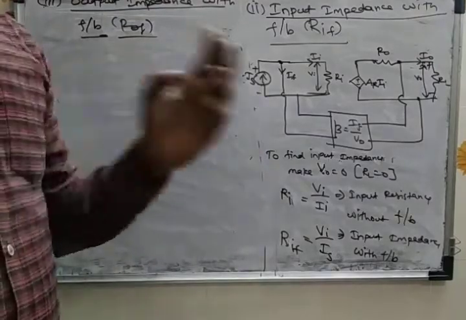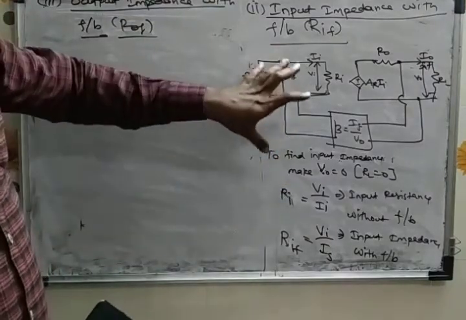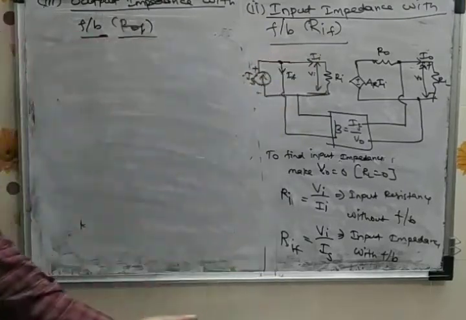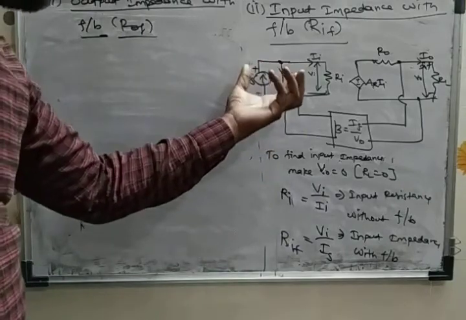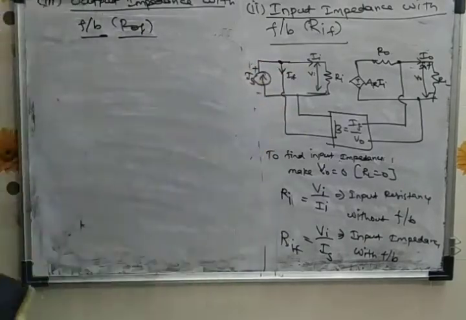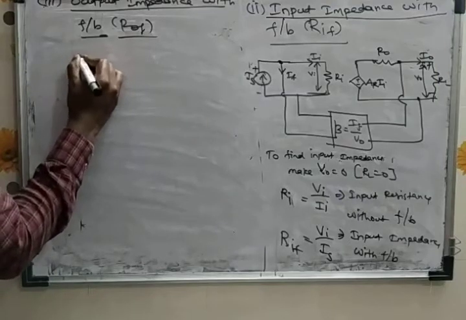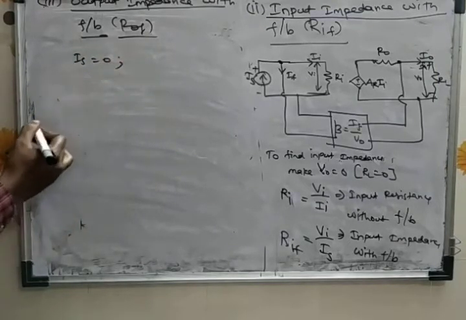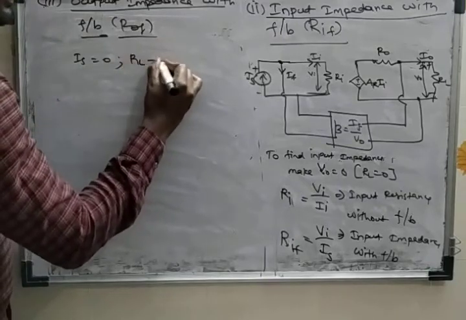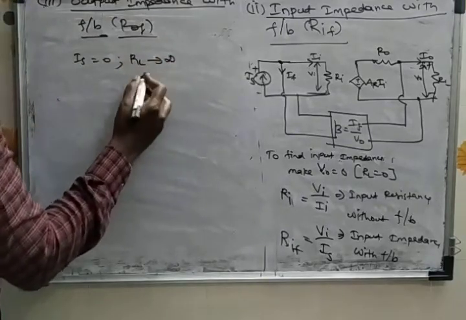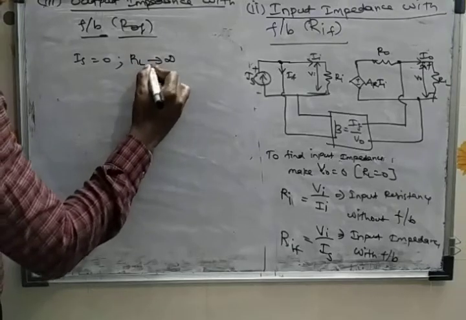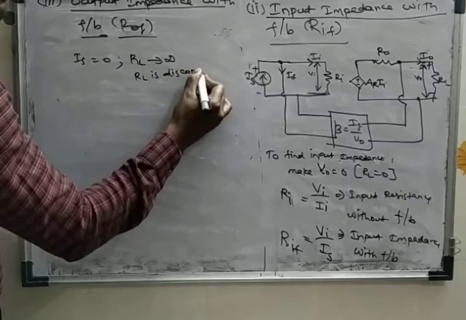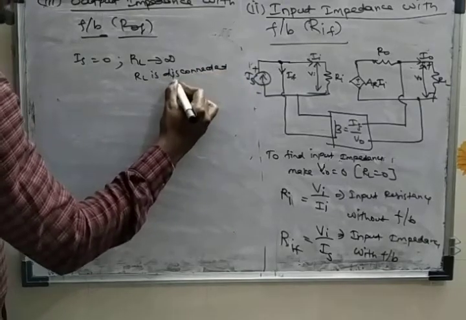Either we make the input current 0 or the voltage 0. Here we are having current type of mixing, so shunt mixing, so we have to make the input current source 0. So Is is equal to 0 and assume RL tends to infinity, which means RL is disconnected from the source.